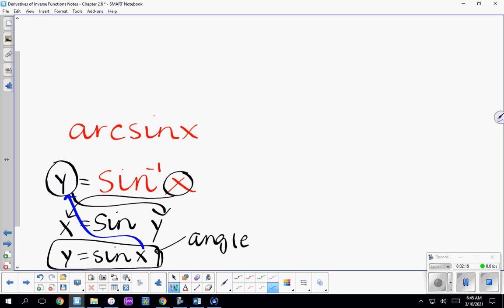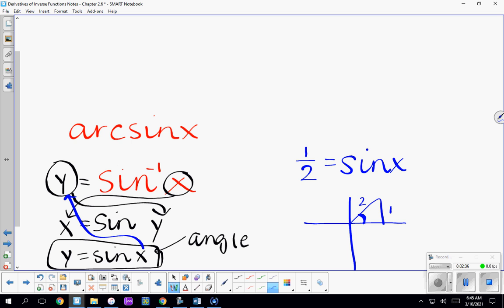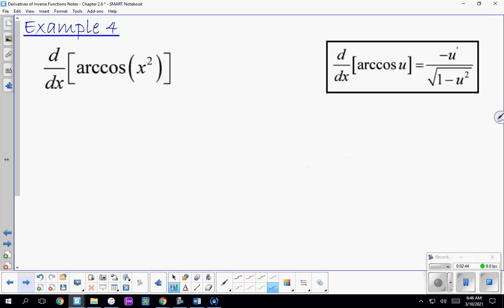So it's basically asking, let's say 1 over 2 is the sine of what angle? So if you were to actually solve these, you would look on the unit circle, figure out which triangle would fit the opposite side of 1, the hypotenuse of 2, and then you could figure out that angle, and that angle would be your x. That's what an inverse trig function does. You don't need to know that, but just in case you were curious.